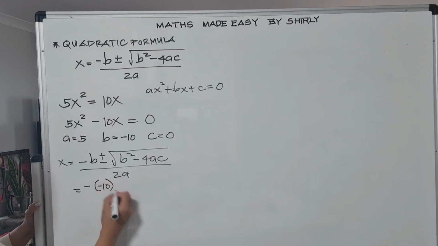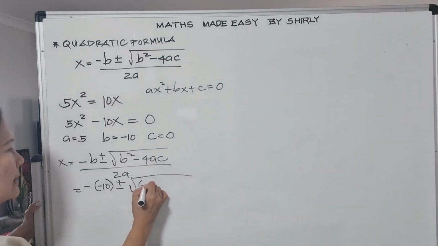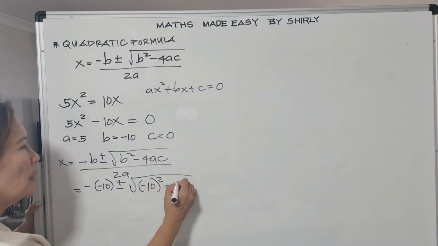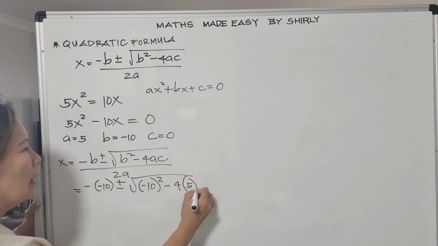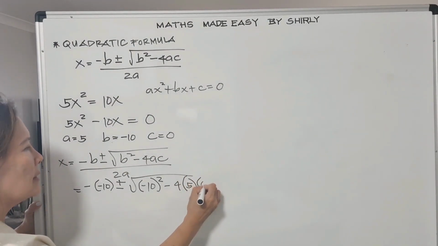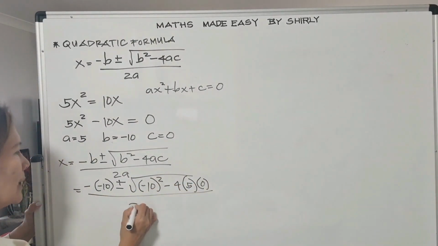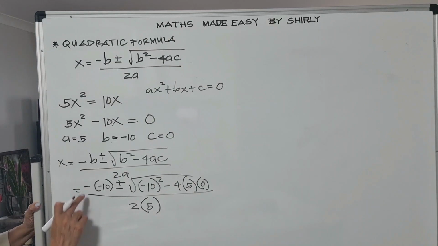That is the value of b. We have plus or minus the square root of negative 10, squared, minus 4 times a, which is 5, and c equals 0, all over 2 times a, or 2a. A is 5.